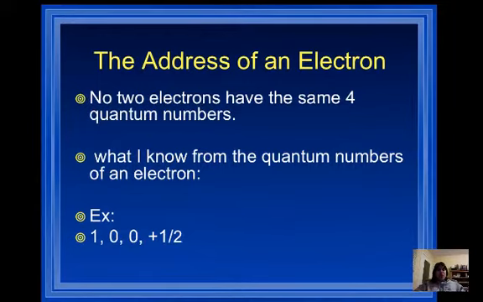The second quantum number tells me that. That's the L value. L equals 0. Well, when L equals 0, that corresponds to a specific shape of an orbital, the s orbital. M sub L is 0. That tells me the orientation.